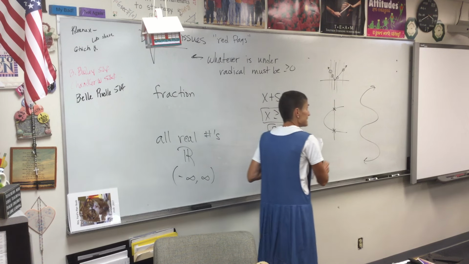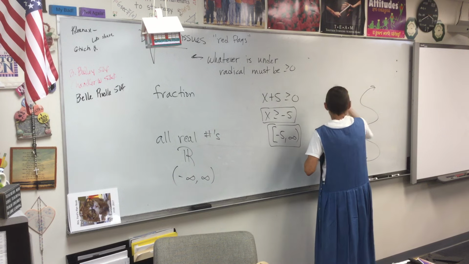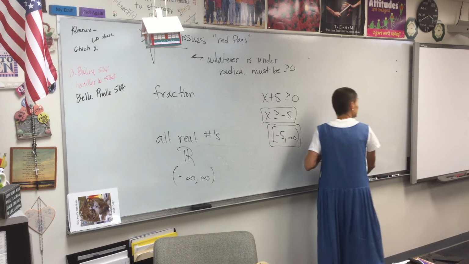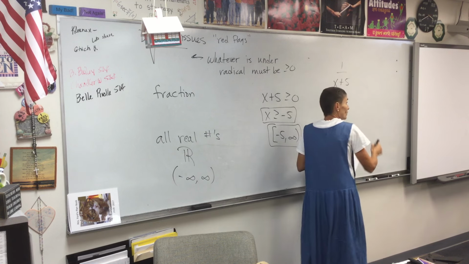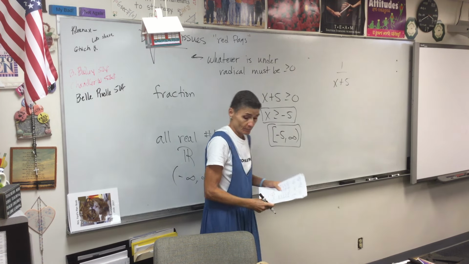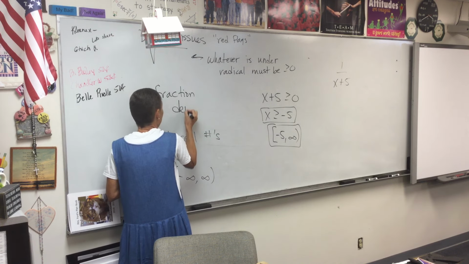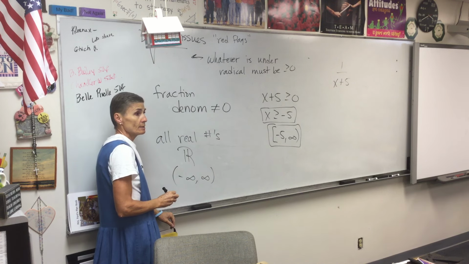All right, look at C. Those radar are back up because what do we have in C? We have a fraction. And the rule for fractions: denominator cannot be equal to 0.